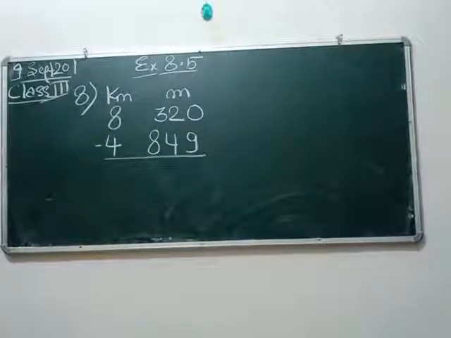Okay, so how we are going to do it? Tell me how we are going to do this question. I have arranged it. Now subtract the numbers, and then tell me the answer. Come on, do it.